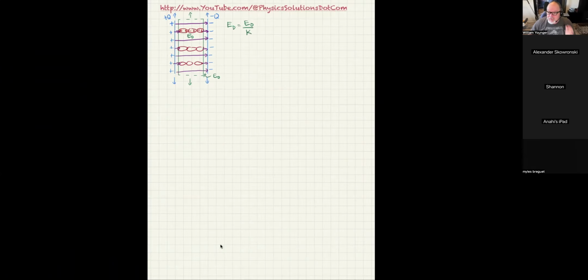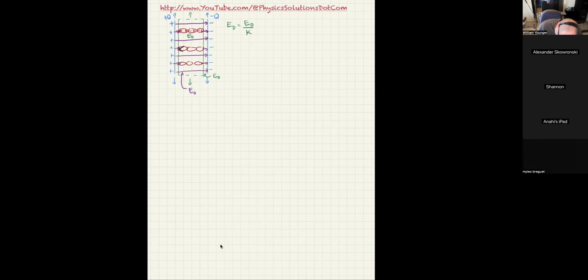So we know that the electric field strength within the dielectric is the original electric field strength E0 over K. But we also know that this purple vector is the E0, and what we could imagine is, in fact, I'll use a black vector, because this string of positive and negative polar molecules or atoms end with the negative on the left side and the positive on the right side, that creates an electric field pointing the opposite way.